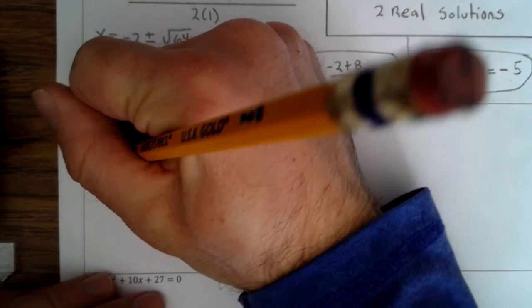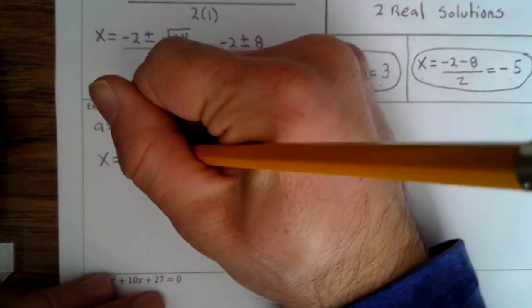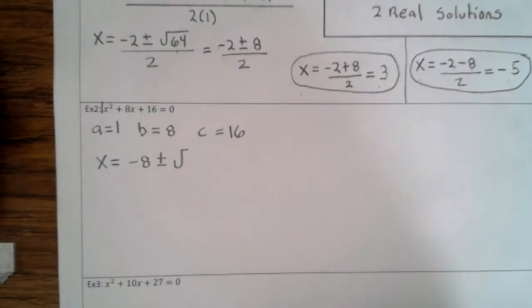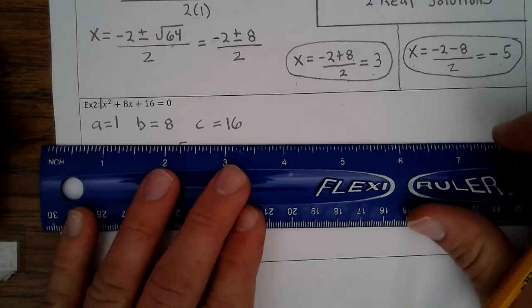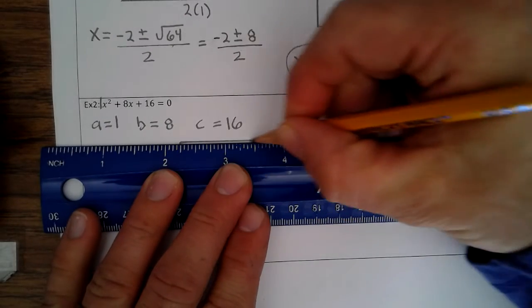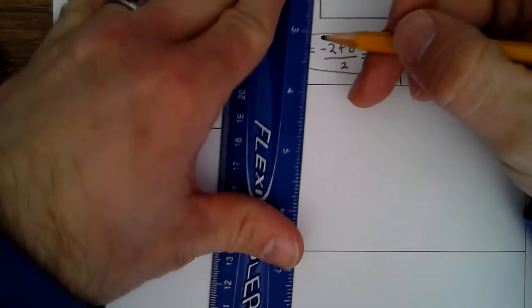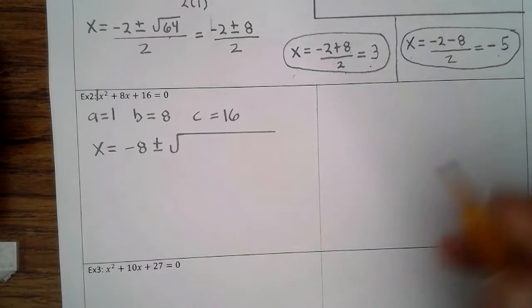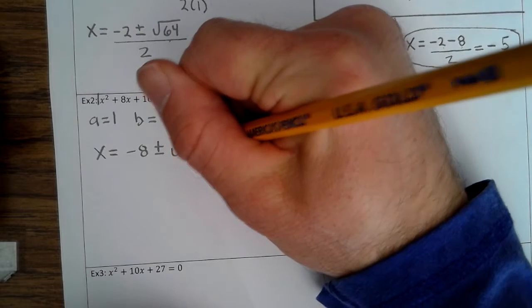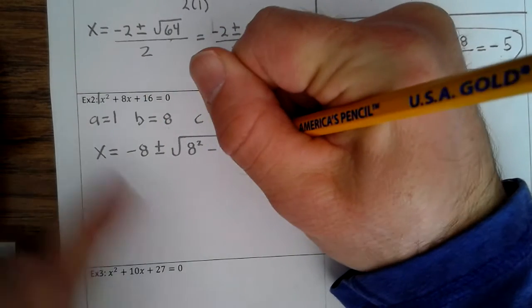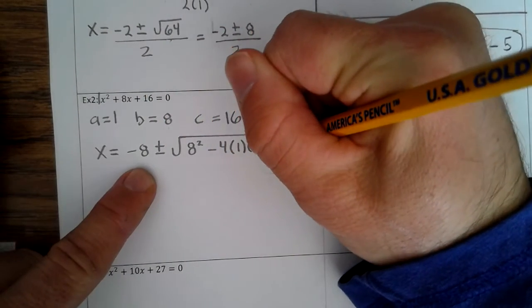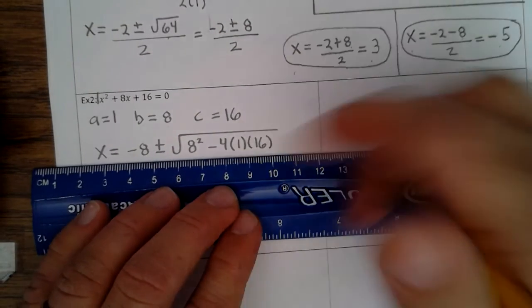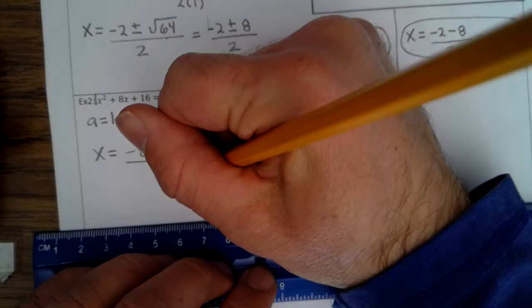So x equals negative b, so that's negative 8, plus or minus the square root of b squared, so that's 8 squared, minus 4 times the a value, which is 1, times c, which is 16, all divided by 2 times 1.